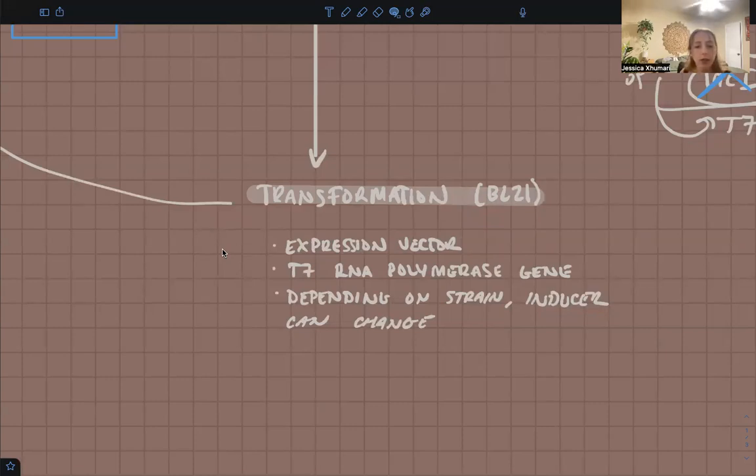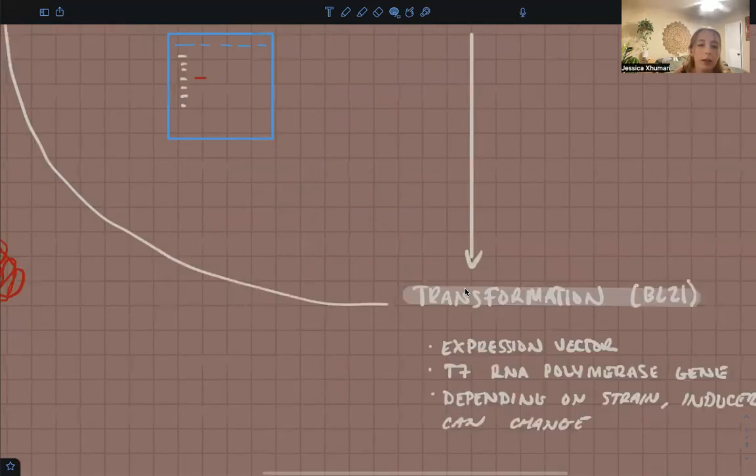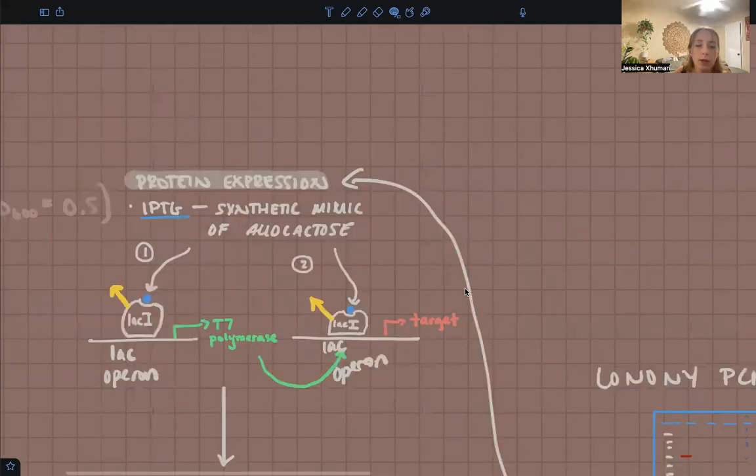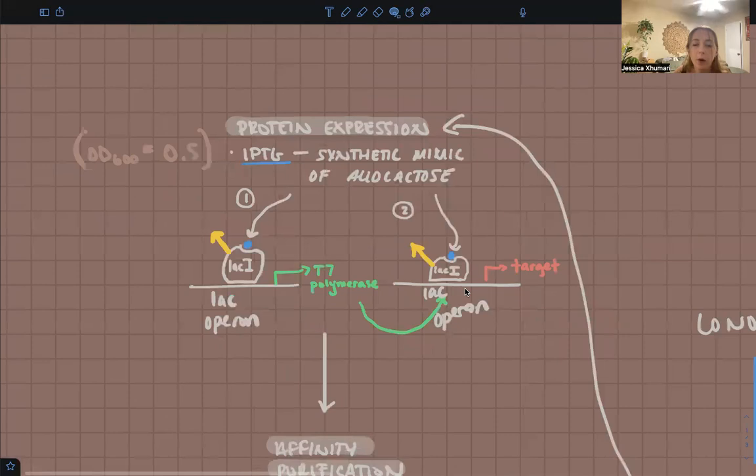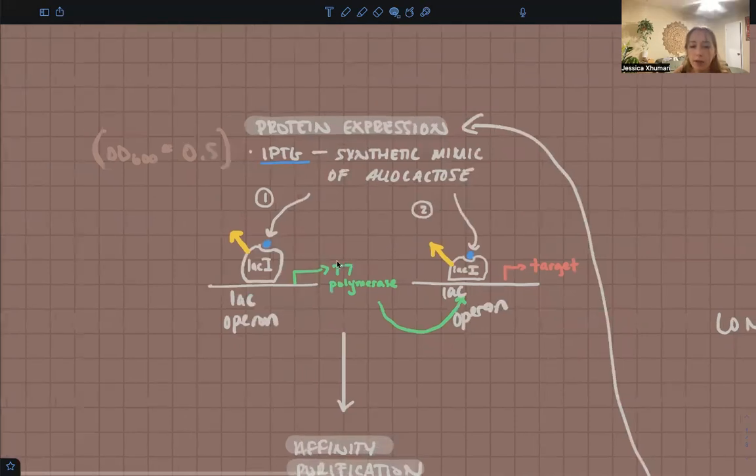It's actually identical to the regulatory system we have for our target gene using that LAC-I repressor. However, there are other strains and the inducer can change depending on the type of strain. So typically, we're going to be using IPTG for the induction of the T7 gene and our target gene.